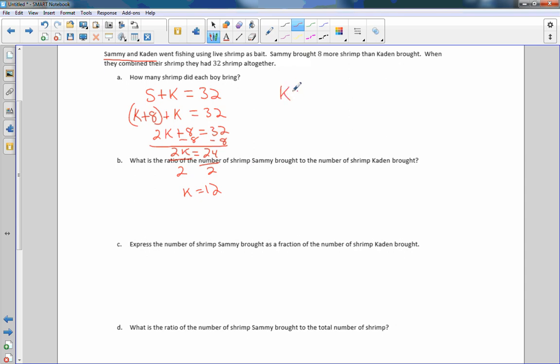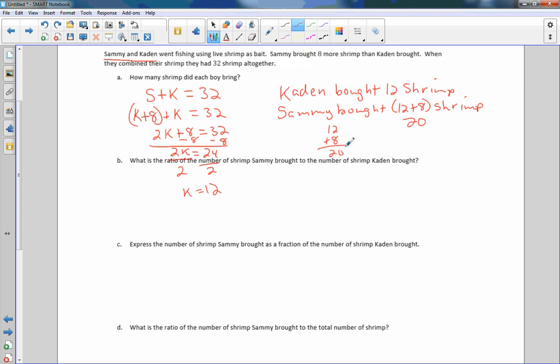So Caden bought 12 shrimp. And Sammy bought 12 plus 8 more shrimp, which is 20 shrimp. 12 plus 20, Caden's shrimp 12, Sammy's shrimp 20, totals 32 shrimp.